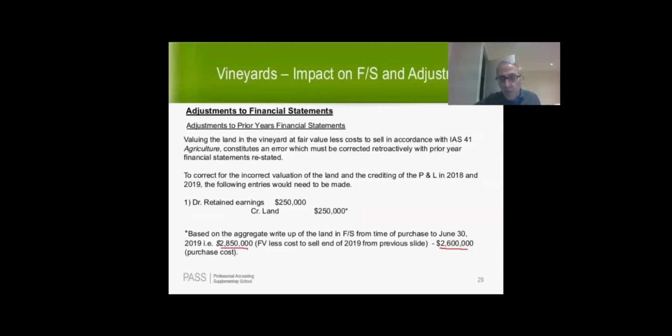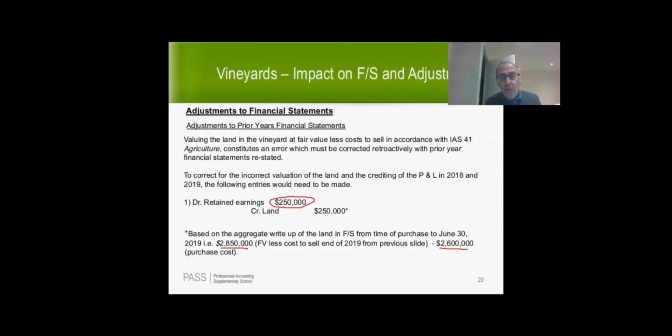And each year they would have credited the income statement and debited land for the amount of the increase. So over the 2 years combined, 018 and 019, they would have credited the income statement 250,000, which is now sitting in retained earnings. So since they had indirectly credited retained earnings 250 when they wrote up the land, we're now going to debit retained earnings 250.